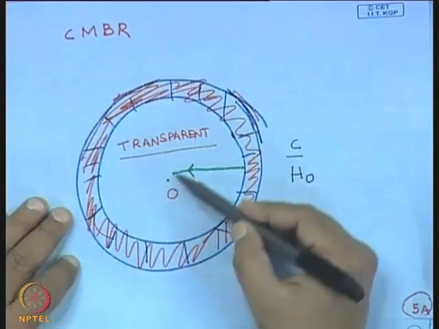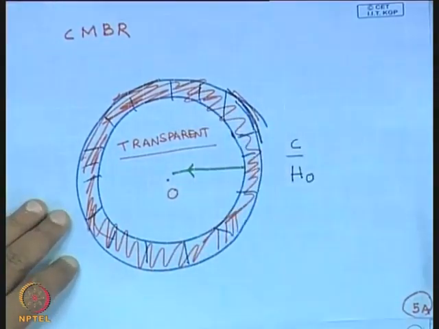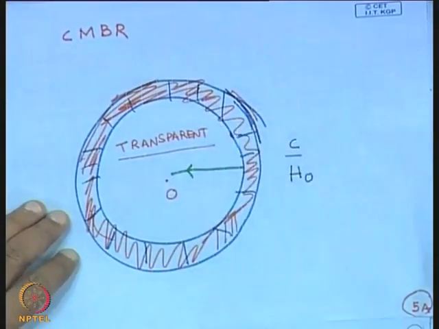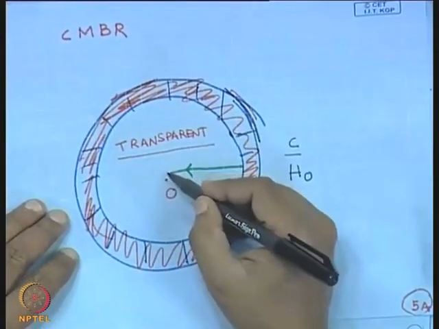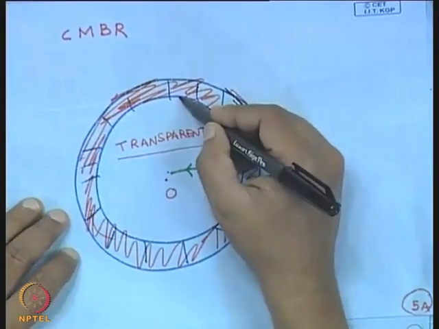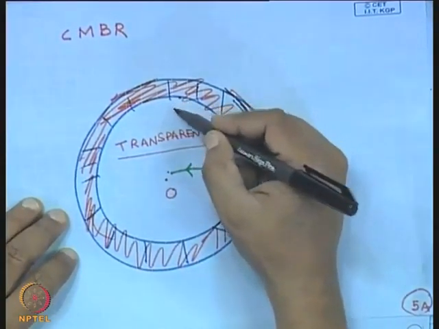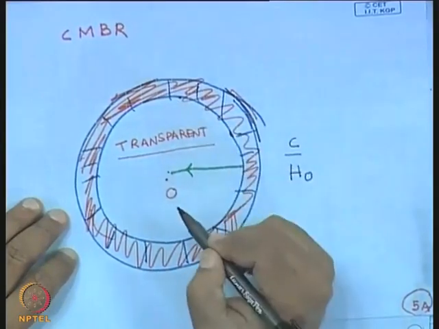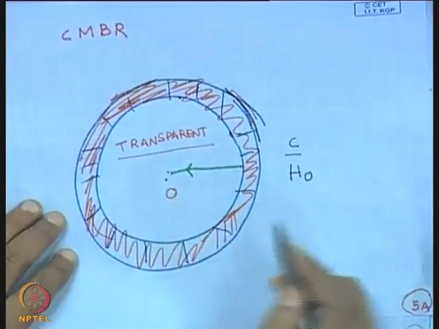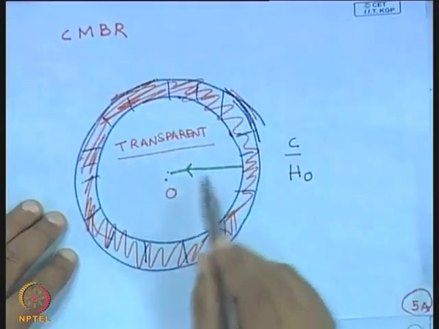So if you go back into the past, the temperature increases as 1 by a, proportional to 1 plus z, and somewhere over here the matter and the radiation are in equilibrium, interacting strongly. Now the thermal nature of the radiation, the blackbody spectrum, we have seen will not change all the way up to here, because all that will happen is that the temperature will change. The nature of the spectrum will remain the same. The characteristic temperature is the only thing that will change.